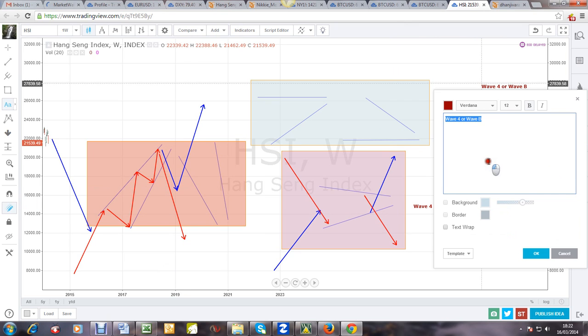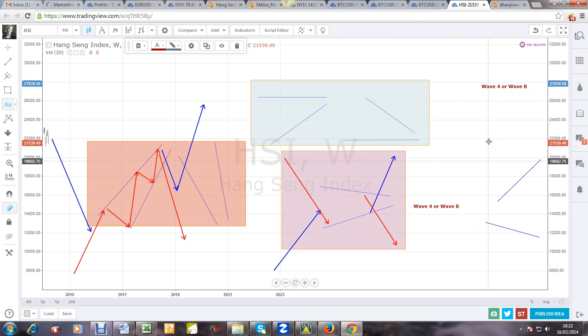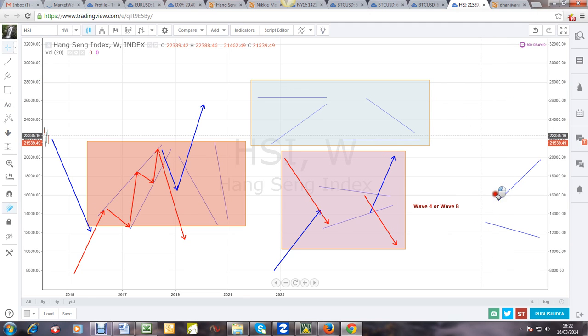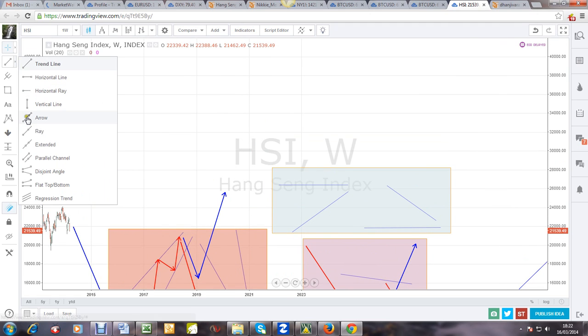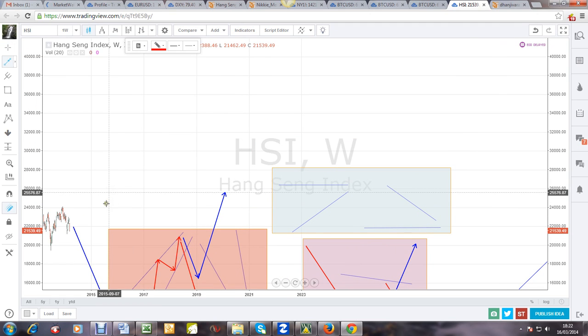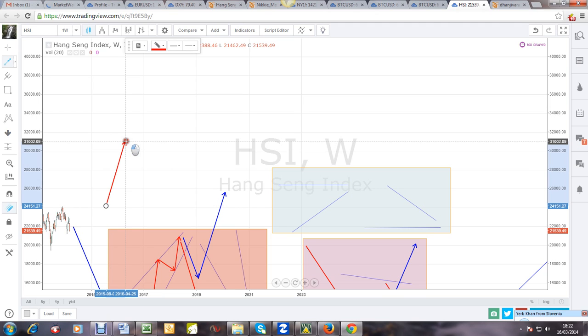Okay, so cancel that one. If I just show you here now, we may get, for example, a bullish move where you have wave 1, and because it's bullish, I'll make that one blue color.